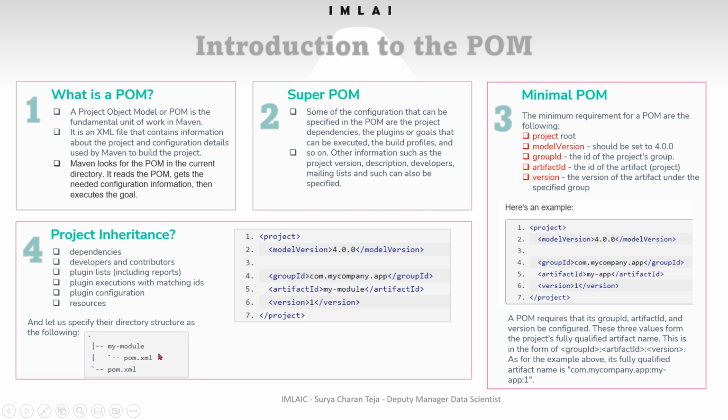Then the my module pom.xml is inheriting from this, so that's the reason it's looking like this. This my module pom.xml has inherited all the properties and all the tags of the minimal POM that we have written initially. So that's why it's an inherited module, it's not the actual one.